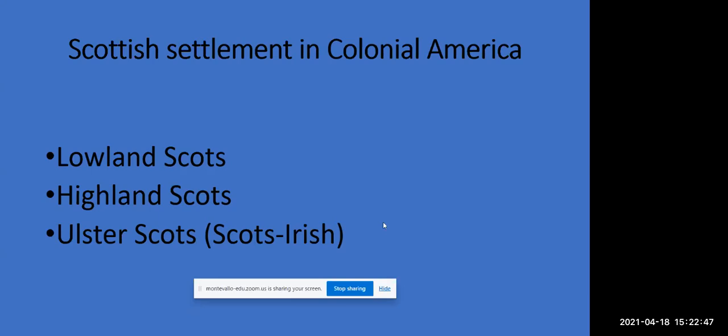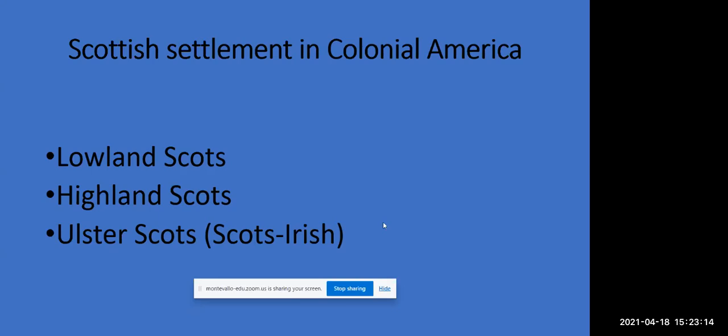Your Highland Scots started arriving in North America in the 1730s, but more so after the Battle of Culloden. And they tended to remain together in self-contained communities where they could preserve their cultural features, such as language and music.